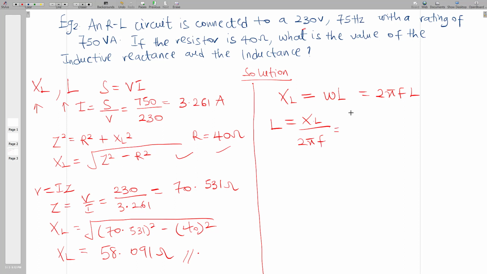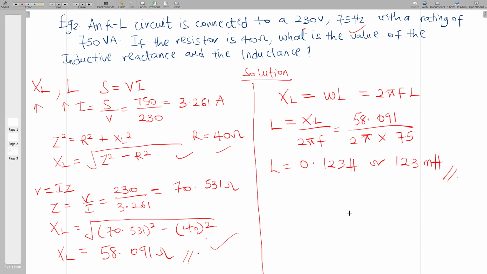So you know XL already, we found it here. So it will be over 2 pi times frequency, which is 75. So then we should be able to find the value of L, which is, thank you.